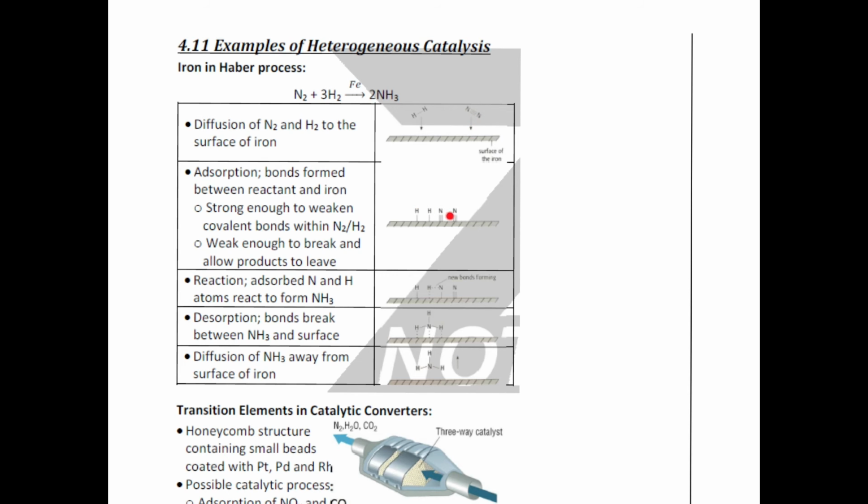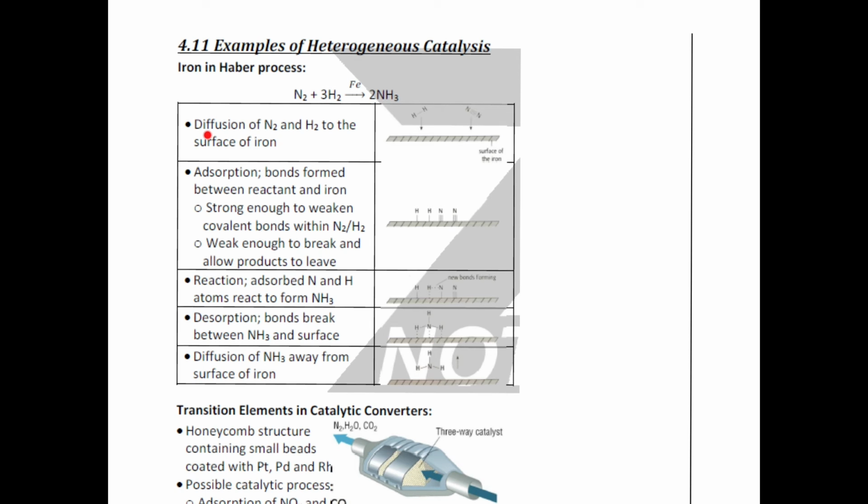So when they form chemical bonds with the iron, they are at the same time getting nearer to each other. So they may form new bonds, for example, between N and H. Then they end up forming ammonia. Ammonia can no longer stick to the catalyst. Then desorption happens, and it comes out from the catalyst.